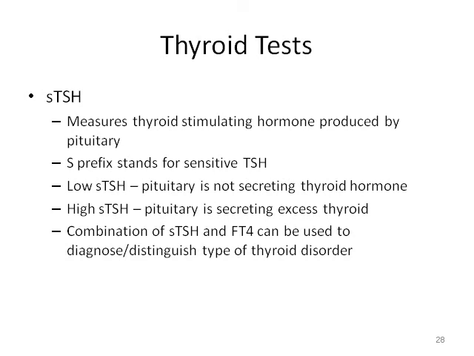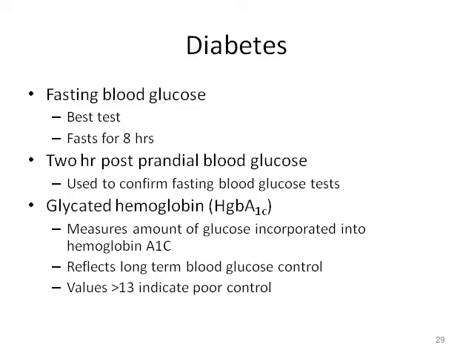So, for example, if you have low TSH, that would suggest that the pituitary is not secreting thyroid stimulating hormone. If you have high TSH, that means that generally the pituitary gland is secreting excess. And so by looking at both the TSH levels and the T4s, you can basically find whether it is a thyroid problem or a pituitary problem.